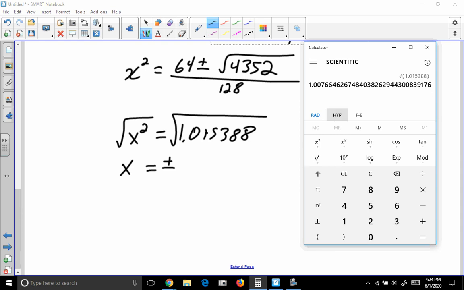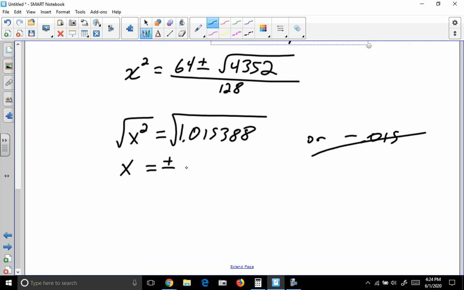The square root of that is 1.00. I'm not sure how many decimal places they want us to go. We can call that 1.008. So that's our two critical points, positive 1.008 and negative 1.008.